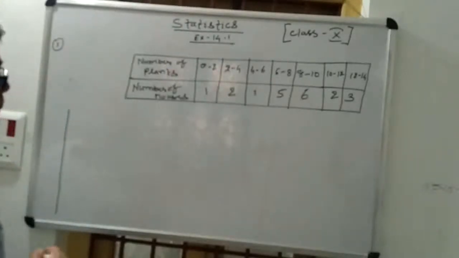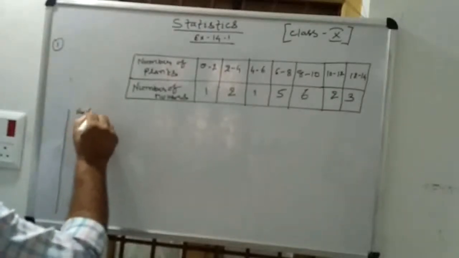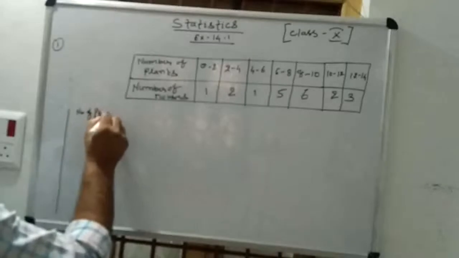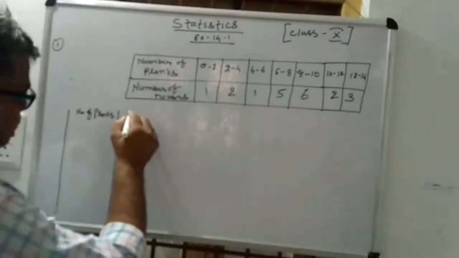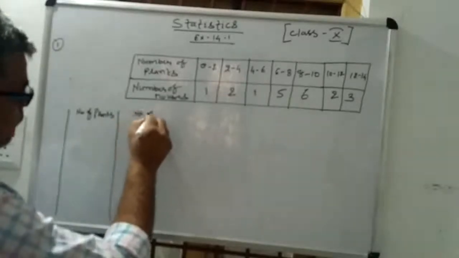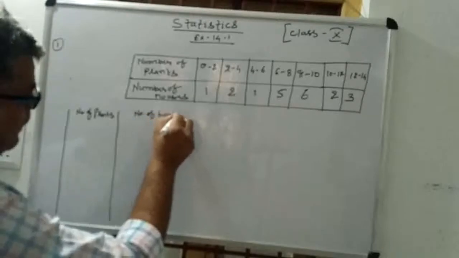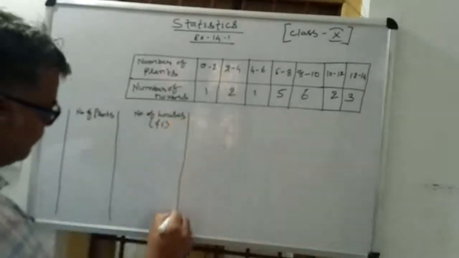Suppose this is your number of plants and number of houses. This is also fi, which is the frequency.